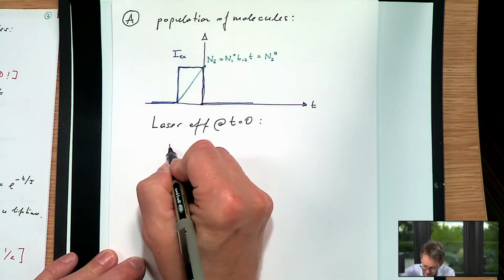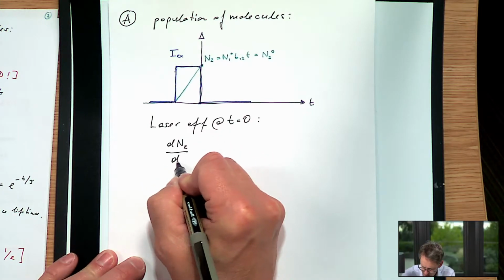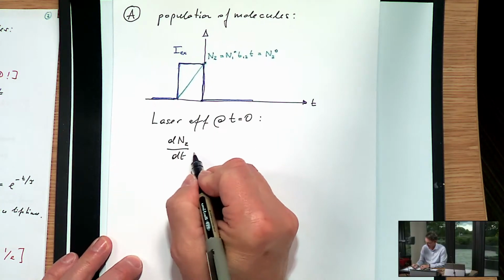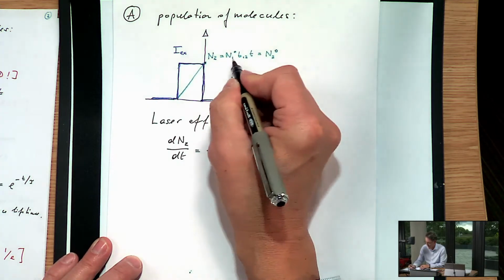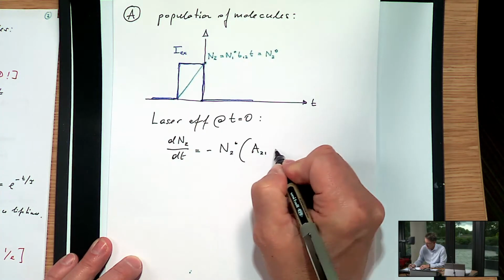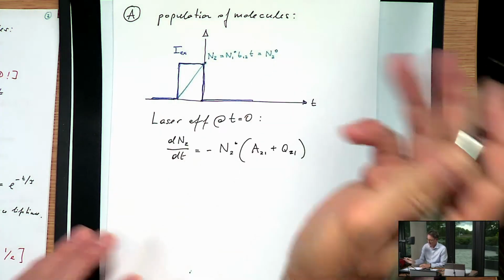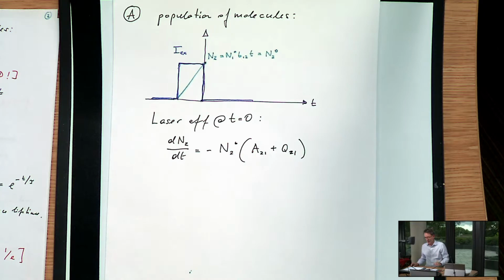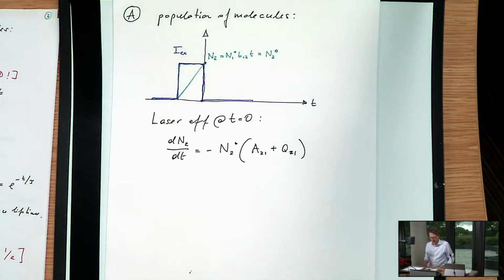So we know then that the population up here, dN2 by dt, after t equals 0, will now decay at minus N2 naught. So it's that population times the rate at which that decays, which is just A21 plus Q21. There's no other loss because the laser is off, right? And in any way, we neglected the stimulated emission rate on this.